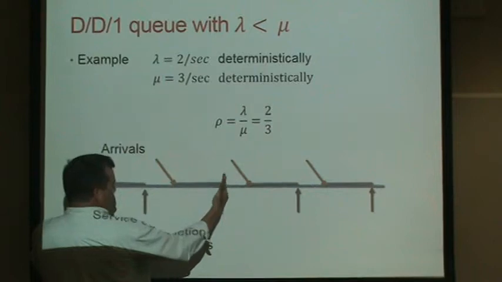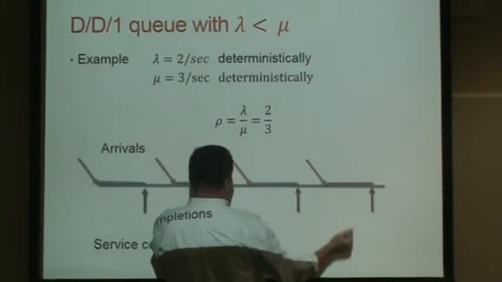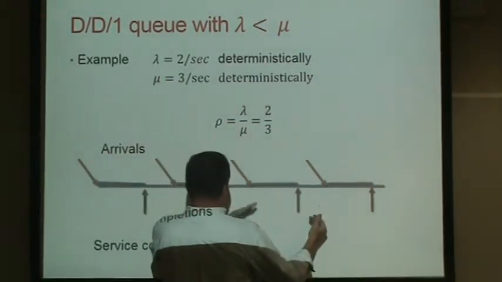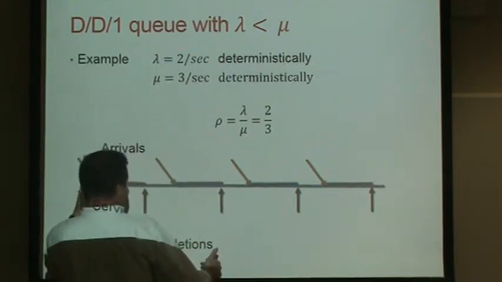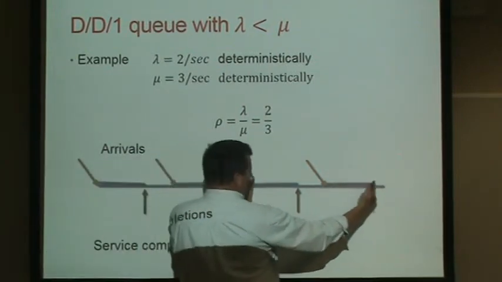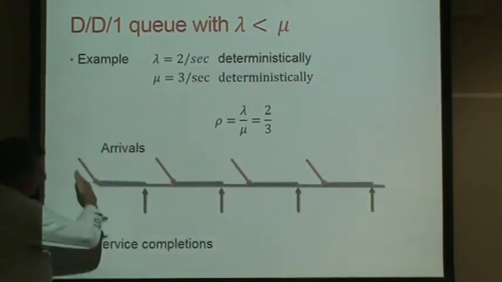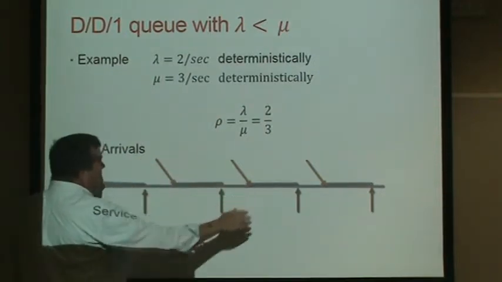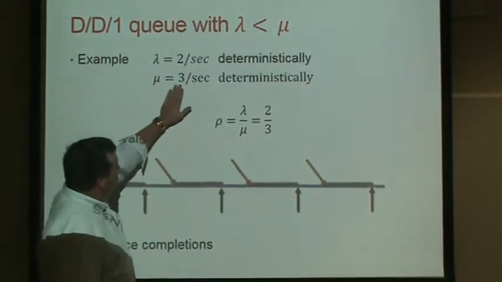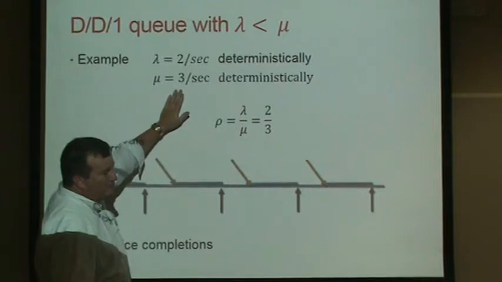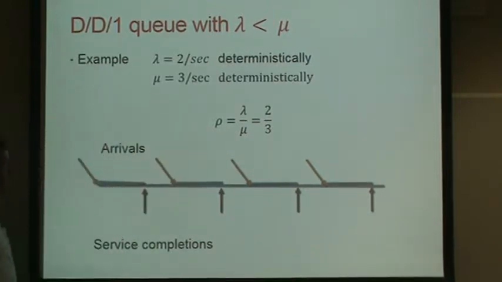So I guess this would be 1 second, and this would be 1 second, and this would be 1 second. So the arrivals are 2 per second, and the server can serve at a speed of 3 per second, or it will take 1/3 of a second to get a customer served.